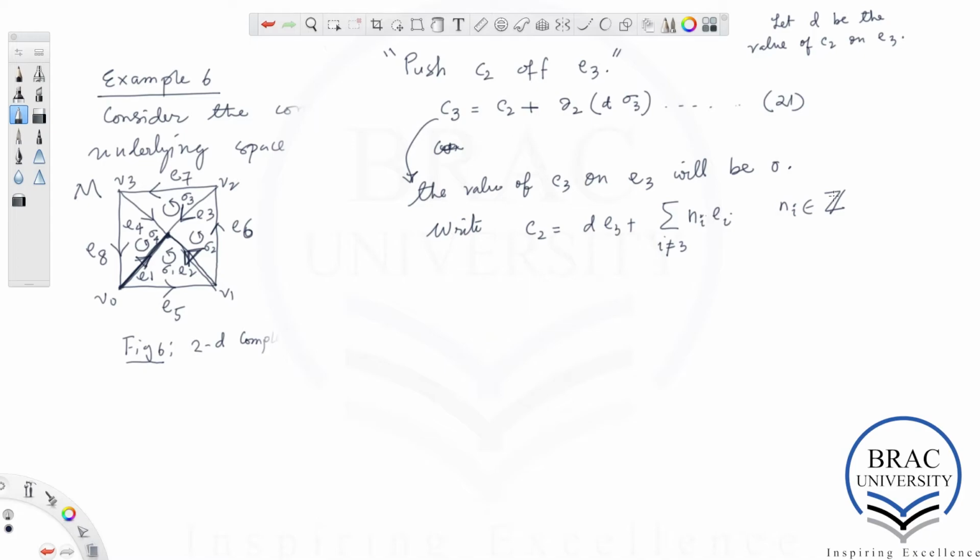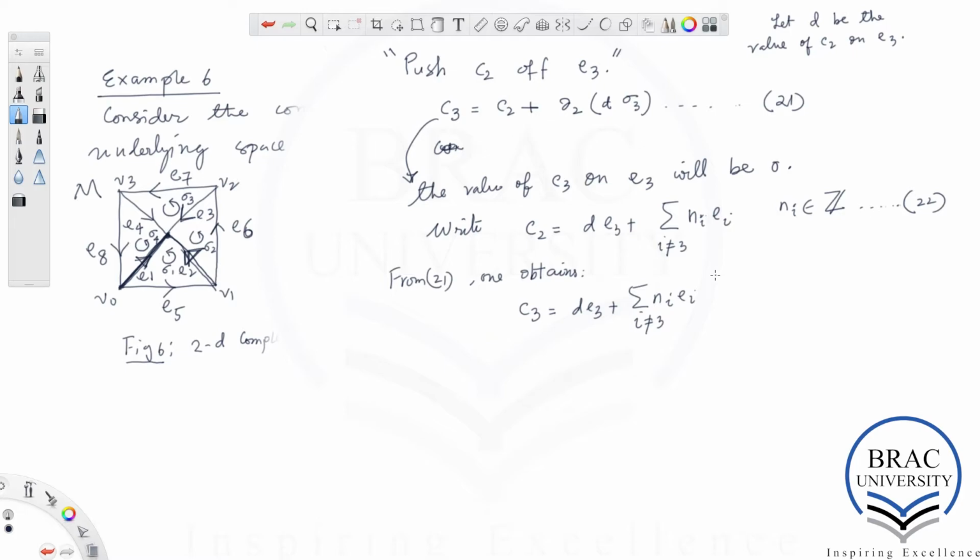That's equation number 22. Now from 21 one obtains C3 is equal to DE3 plus sum of all the terms NiEi, where I is not equal to 3.